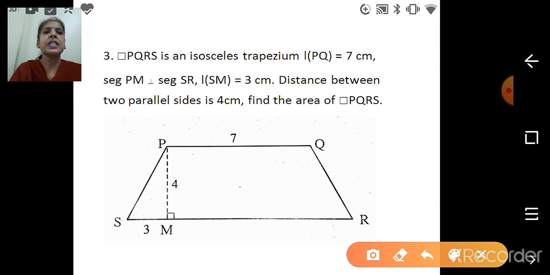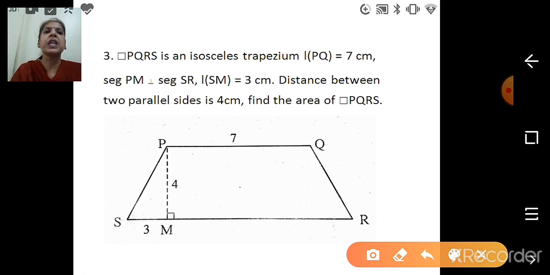Side PQ is parallel to side SR. So this is one pair of opposite sides. Non-parallel sides are PS and QR, and these sides are equal in length. It means PS is equal to QR.